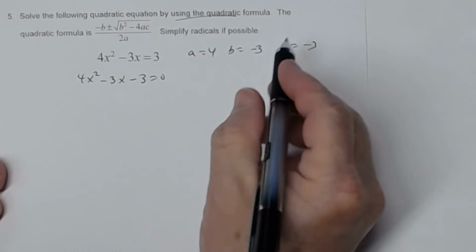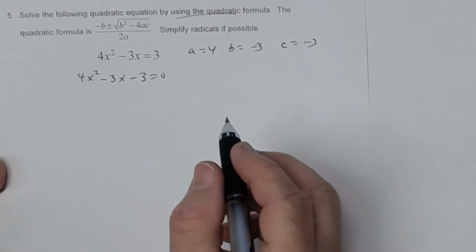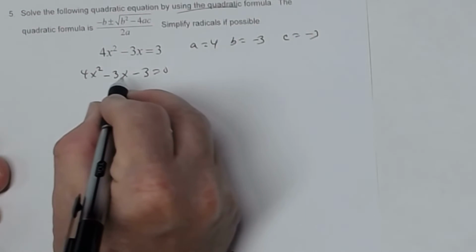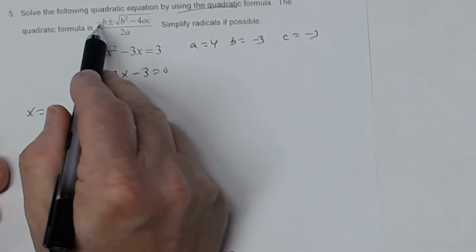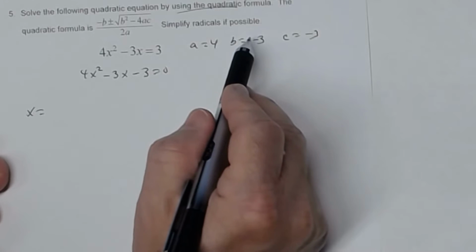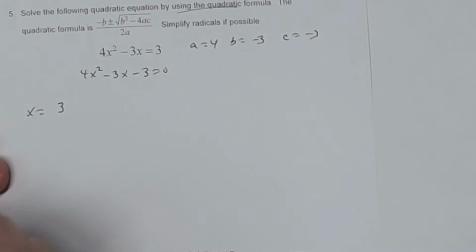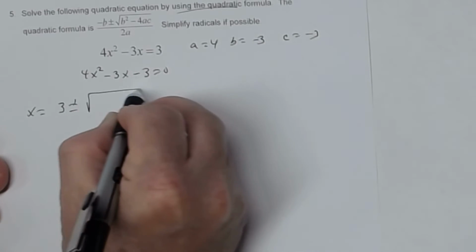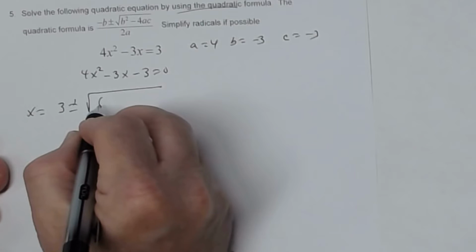All right. And then we're going to take those values of a, b, and c and substitute them back into the formula. So remember, you're solving for the variable x. You're going to say x equals. Now remember, negative b means the same thing as the opposite of b. So if b is a negative 3, the opposite of a negative 3 is a positive 3. Plus or minus the square root of b squared. So I'm going to take b, and we'll put that in parentheses.